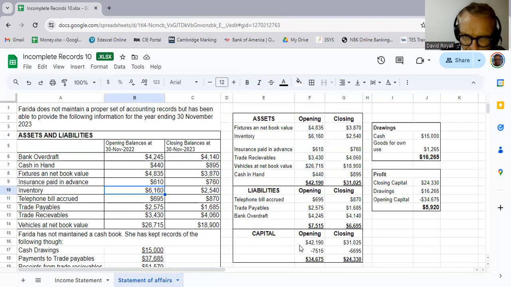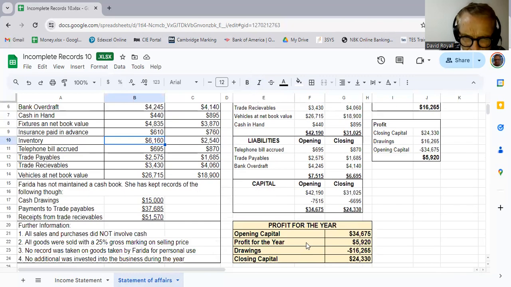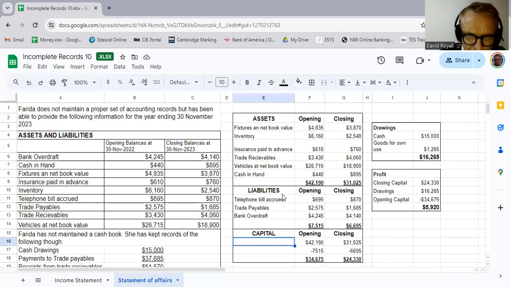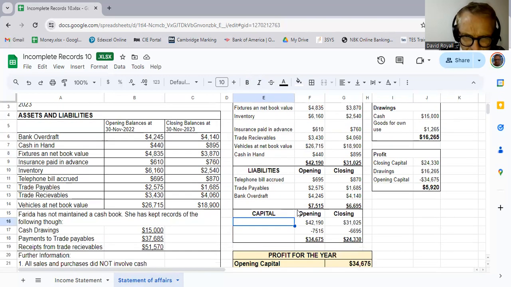Okay, now, what about the capital? Okay, well, there we've got it. That's your assets. And that's your liabilities.